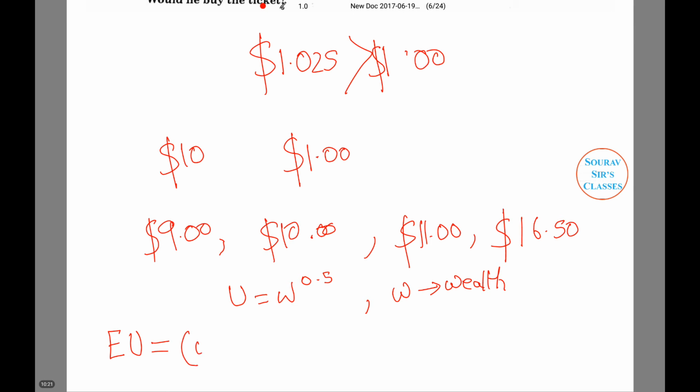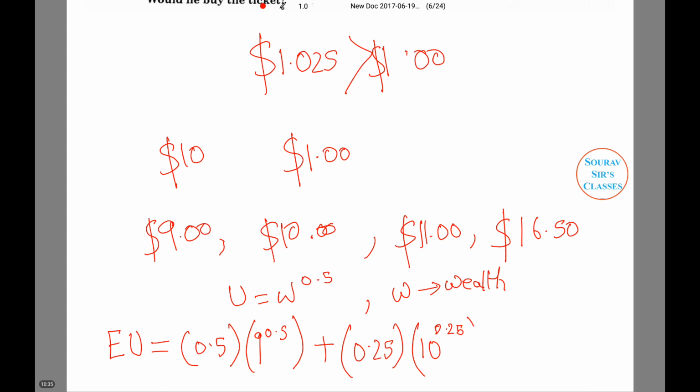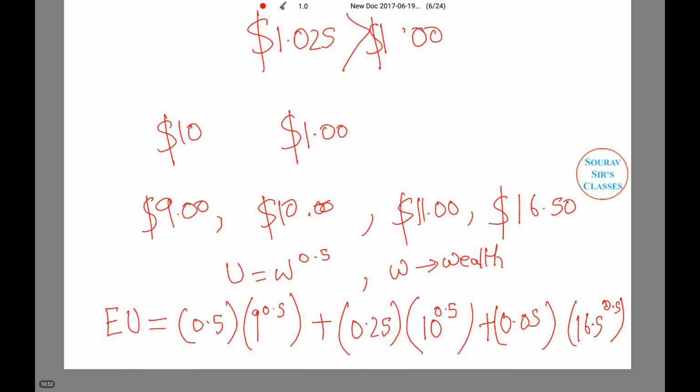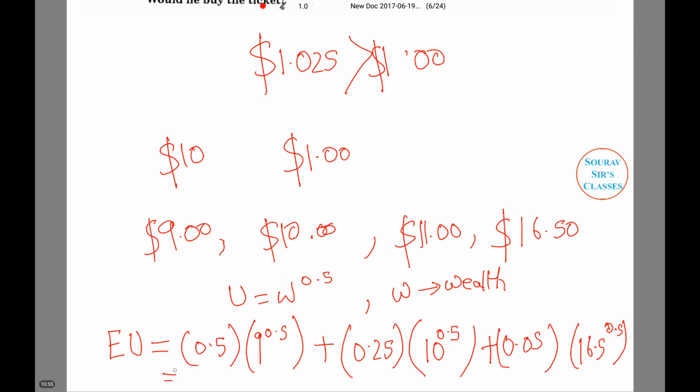EU equals 0.5 into 9 to the power 0.5 plus 0.25 into 10 to the power 0.5 plus 0.05 into 16.5 to the power 0.5. This can be calculated as 3.157.